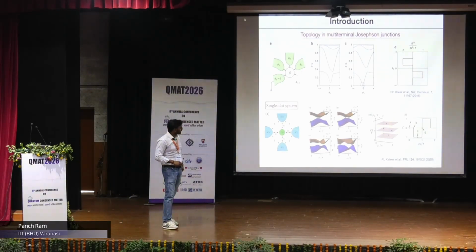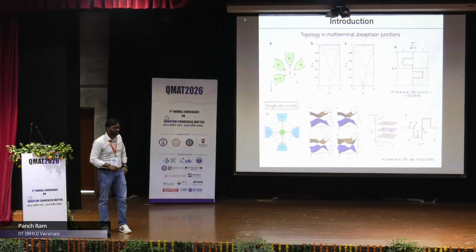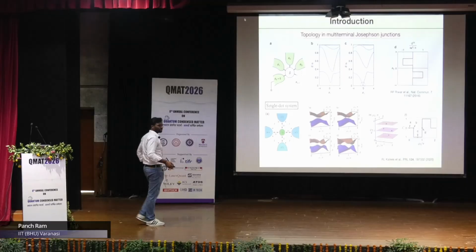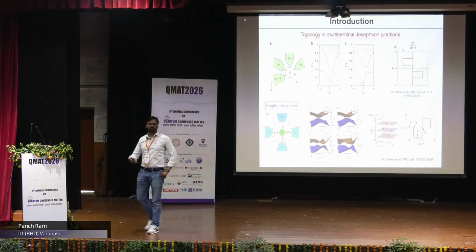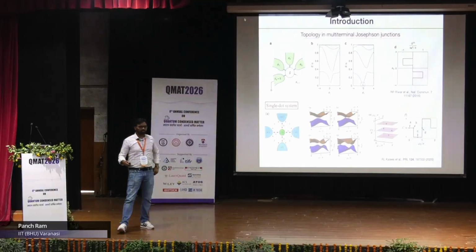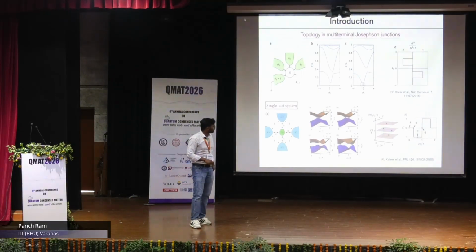So if you scan phi 3, at a certain value of phi 3 you see this 1 point where the gap closes, then there are 2 points, and then again 1 point, and these points are known as Weyl points. You can relate these phi 1, phi 2 and phi 3 as quasi-momenta, like k1, k2 and k3, or kx, ky and kz if you want.